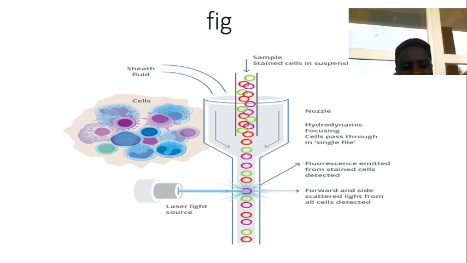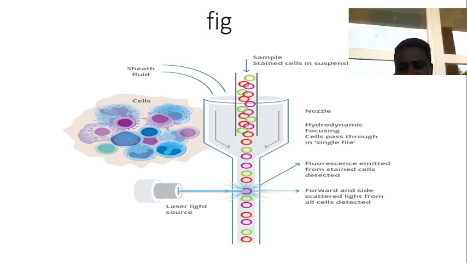And there is the laser light source, or laser beam, whose light is passed to the cell. The light passed to the cell is scattered by the cell and emitted from the cell.